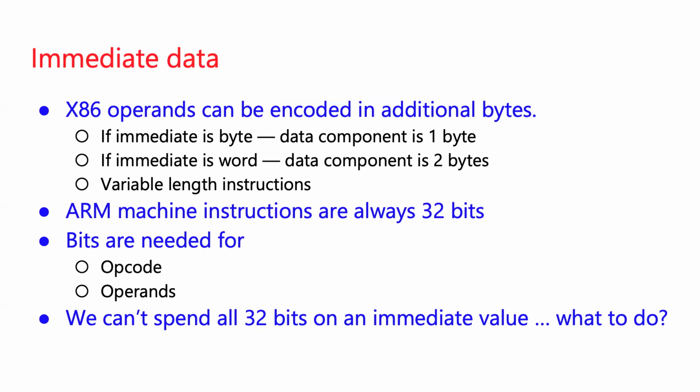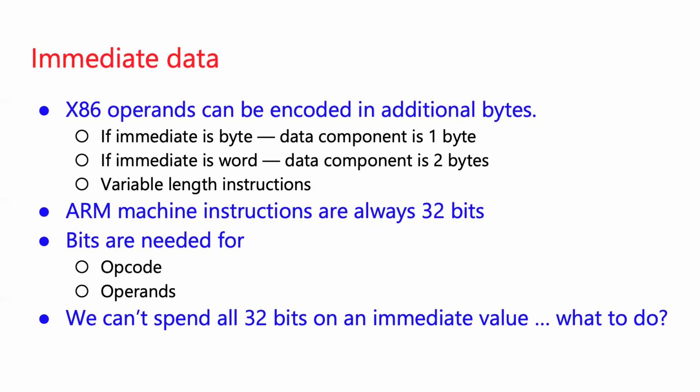And this made sense because Intel's 8086 instructions were variable length. But we already know ARM instructions are all the same length. That makes fetching a lot easier because when it's time to go get the next instruction, even if you haven't decoded the previous one yet, you know it's going to be the next 32 bits. So that makes a lot of sense for running the pipeline.